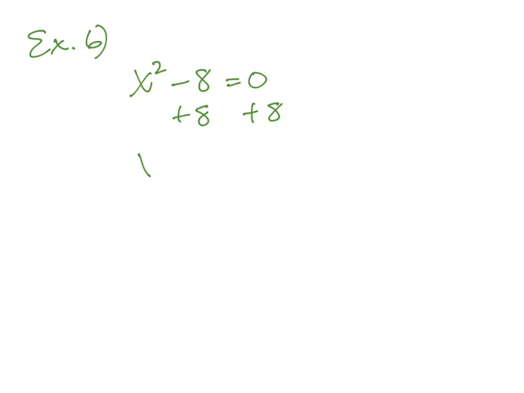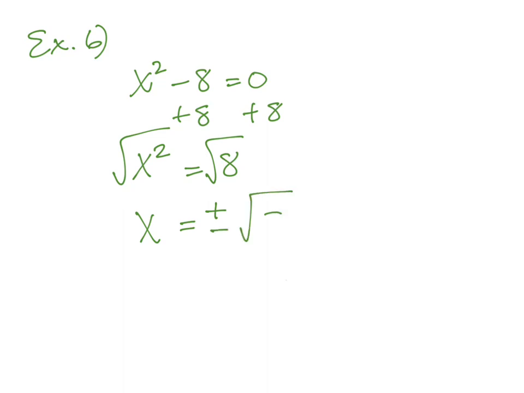So now I have x squared is equal to 8. What's next? Square root both sides. When I square root x squared, that leaves me x. And x is going to equal positive or negative square root 8. We want to simplify the 8.